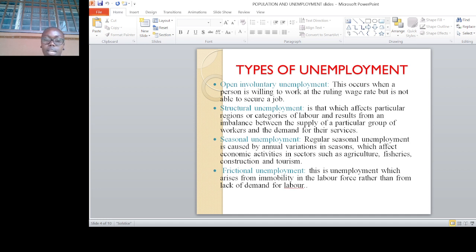This type of unemployment comes in where, let's say, there is no rain for fishers, those people who are fishers.